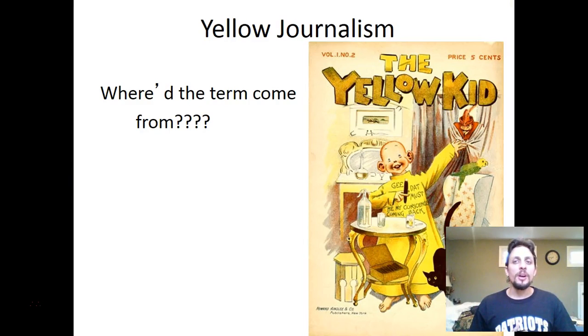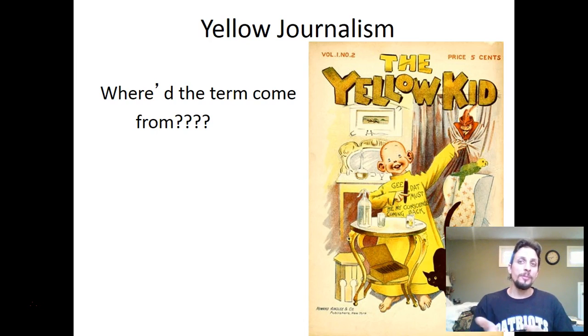During this time period, a term you want to be aware of is something called yellow journalism. Some of the loudest voices in America for America to get involved in the conflict, who are covering the Cuban Revolution and the war between the Cuban revolutionaries and the Spanish government, are people that are going to be known as yellow journalists.